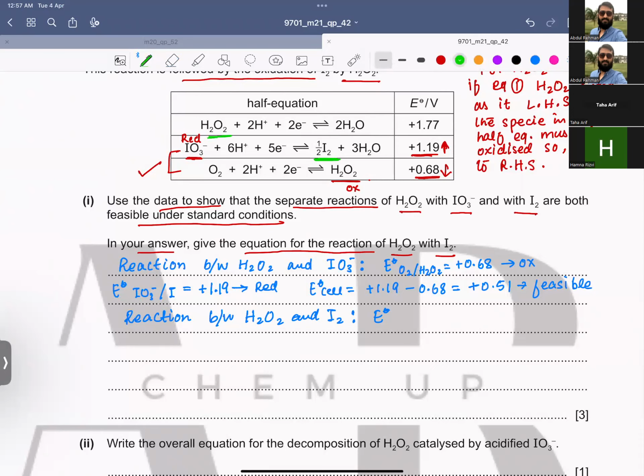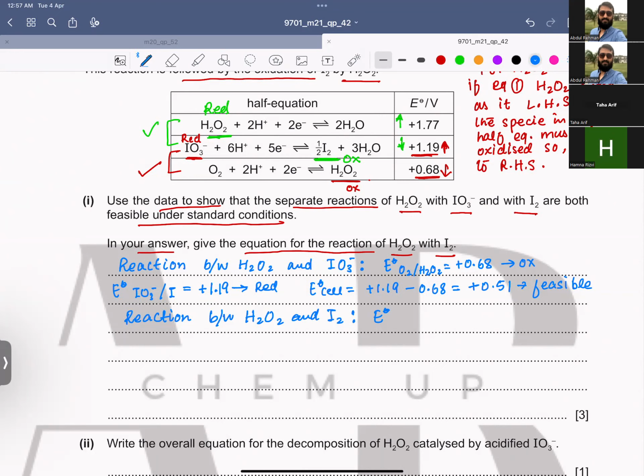And H2O on the right side, so it means H2O2 must be reduced and I2 must be oxidized. And the one which is undergoing reduction has the greater value, and the one which is undergoing oxidation has a smaller value. So yes, this reaction also occurs when we are comparing H2O2 and iodine.